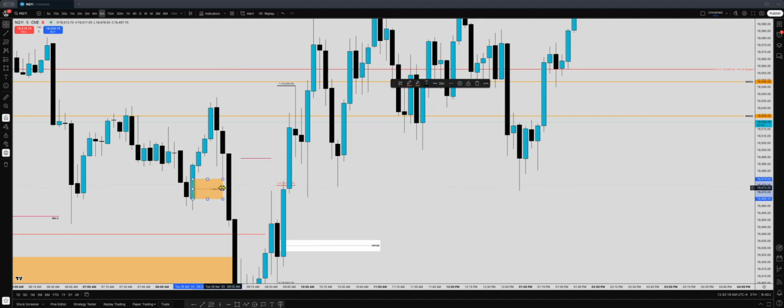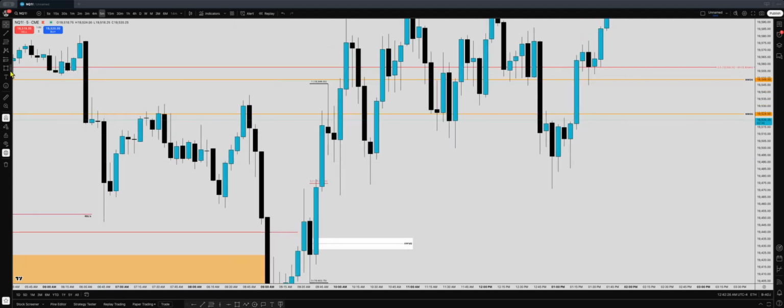Or, if you're not willing to enter there, you do have these smaller inverse fair value gaps. You got one here, two, and then three. So these are all small, and depending on which one you enter on, if you entered on this one, your stop loss should be here or at this high.